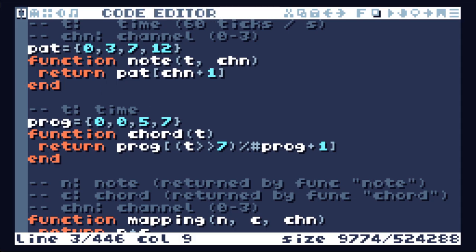Great. So now let's start to work towards having melodies, and we'll start that by just adding different arpeggiation to the chords. So instead of picking the note to be played based on the channel, we're now going to pick it based on the time. So we could, for example, say time shifted right by 5. And then we have to take, again, a modulo of the length of the pattern.